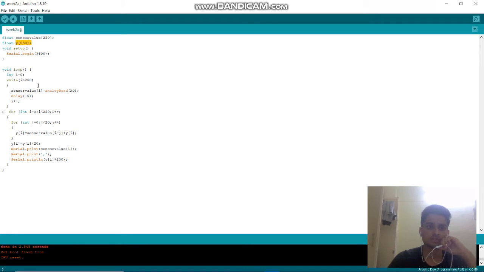The only addition that we did from last week is that we added this snippet of code, that is sensor value I equal to analog read A0. A0 is the port in our Arduino board that the sensor is connected to.